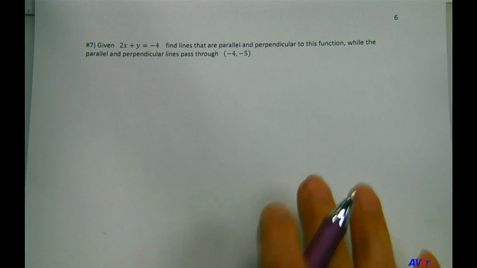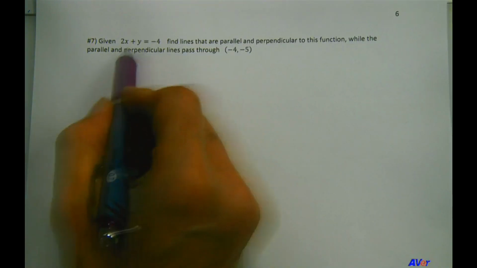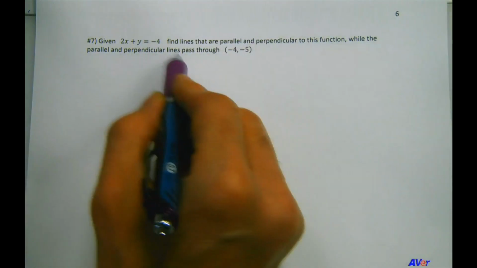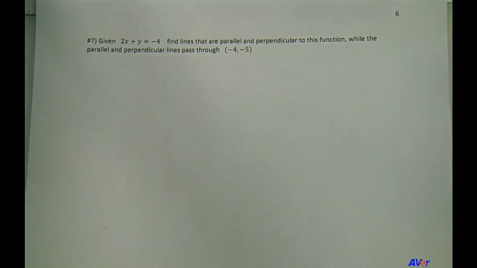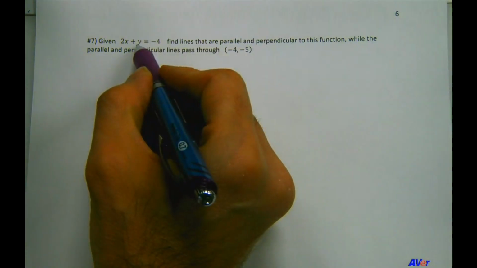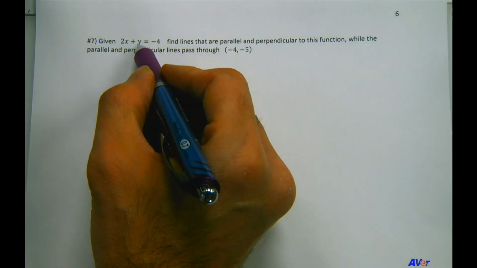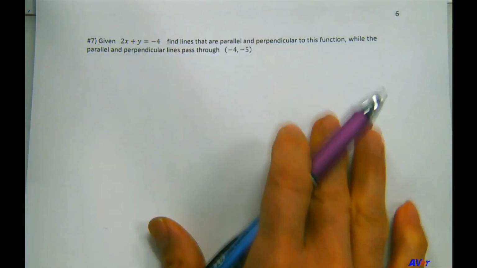Okay. So, given this equation, find lines that are parallel and perpendicular to this function while the parallel and perpendicular lines pass through this point. So, this is exactly like the other problem, except that here we have a different equation and we have a different point, right? And this equation is not being given to us in y equals mx plus b form yet, but it's not far away from it.